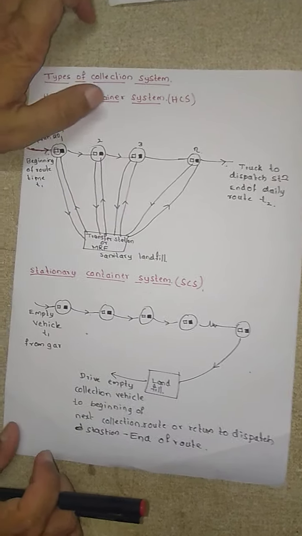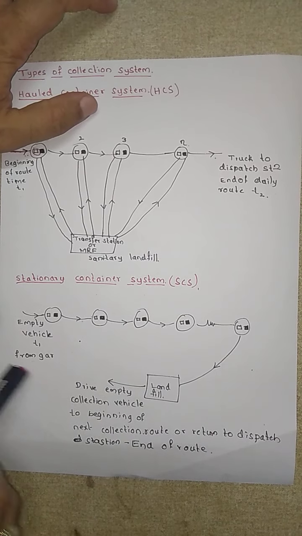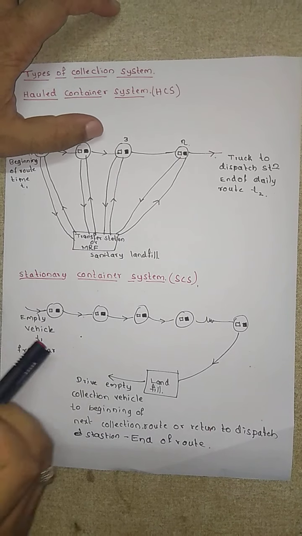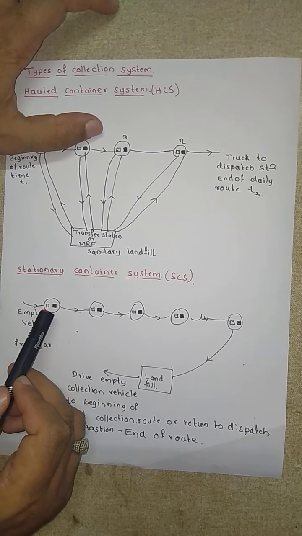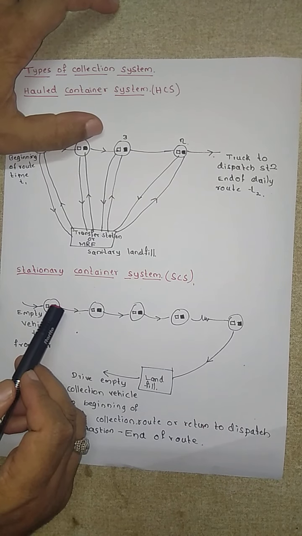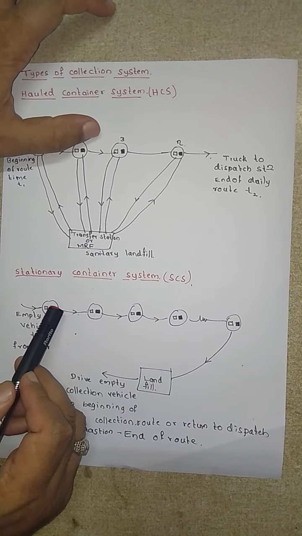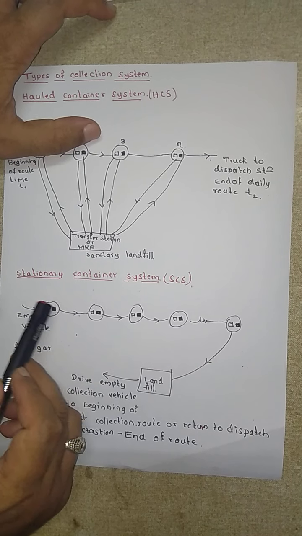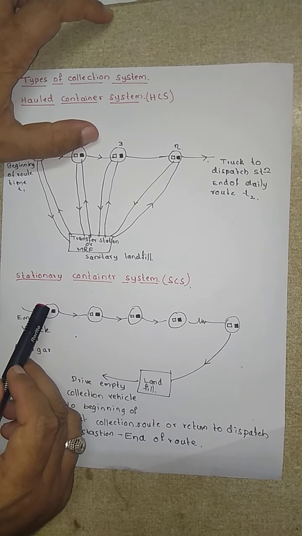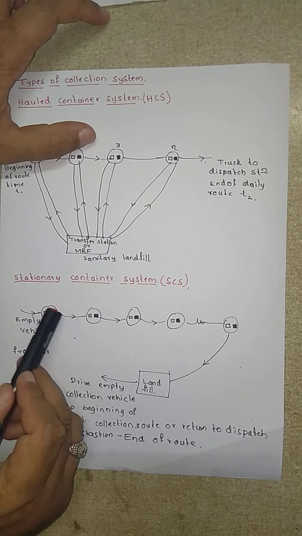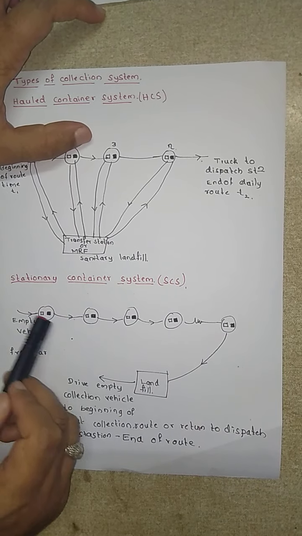Here, what we exactly do is, the empty vehicle comes from the garage and takes this particular waste container, and dumps it into the truck. Then after dumping the waste into the truck, the container will be kept at its own place.